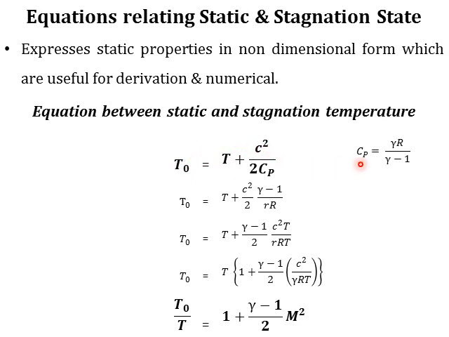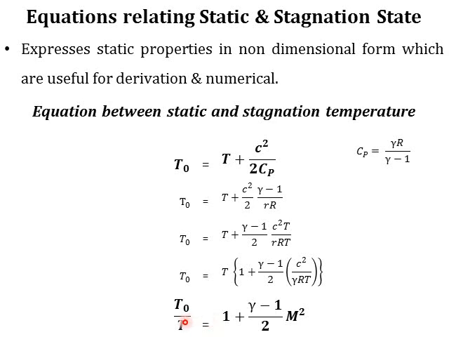In order to do that, we use the following relation: for a perfect gas, we know that the specific heat at constant pressure is equal to gamma R by gamma minus 1. We substitute this here, and after rearranging we get the following equation: T0 by T is equal to 1 plus gamma minus 1 divided by 2 M square.